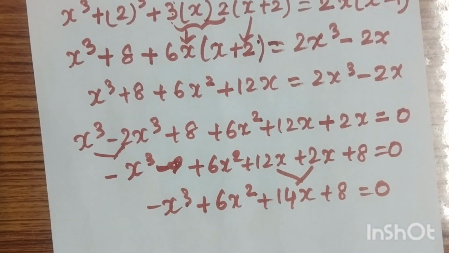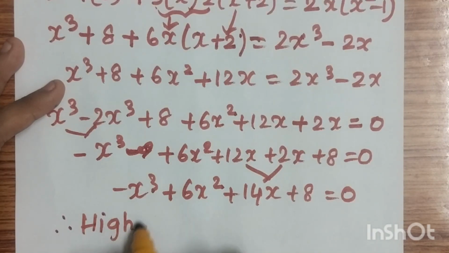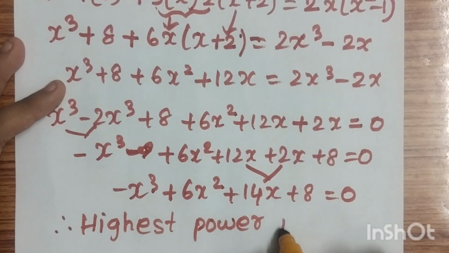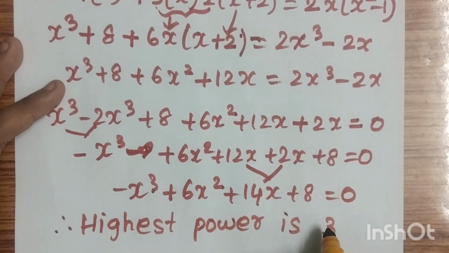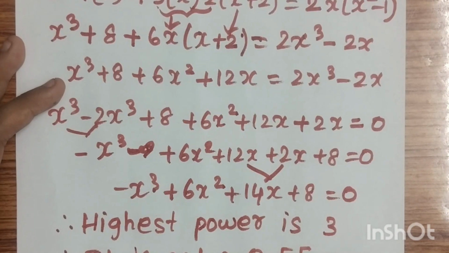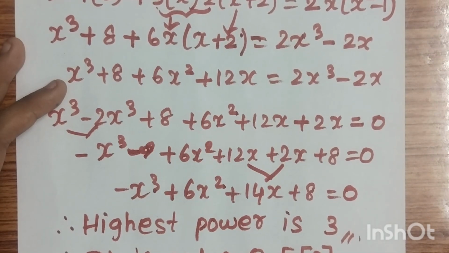Okay, so here the highest power is 3. So highest power 3 is a cubic equation, so it is not a quadratic equation, because the degree must be 2 for a quadratic equation, but here the degree is 3.